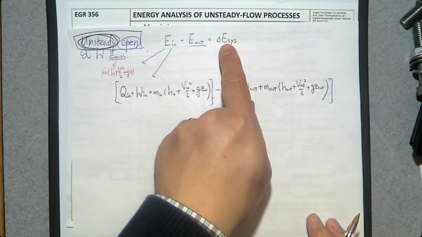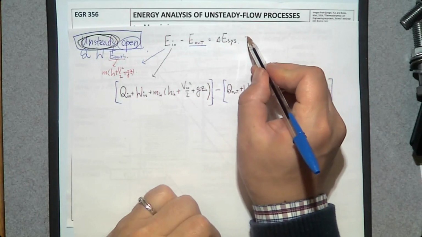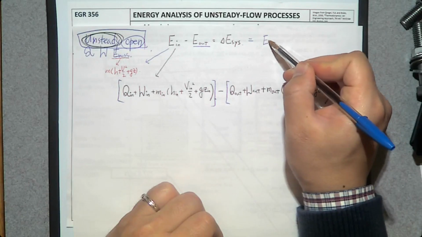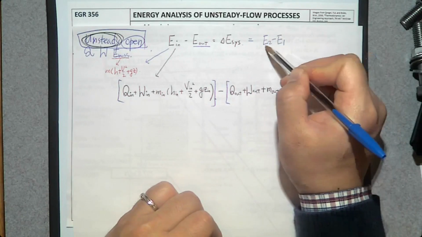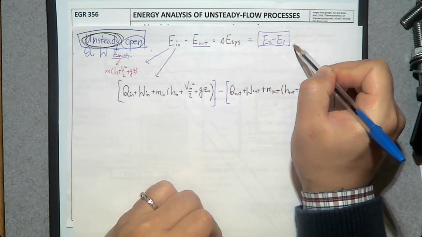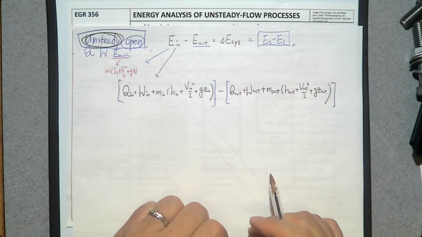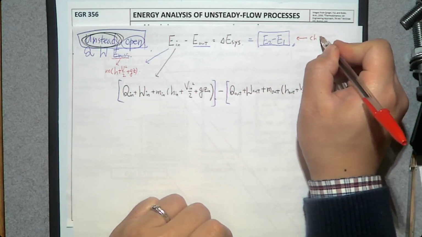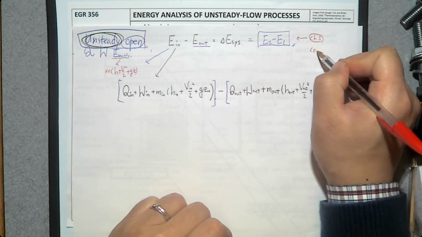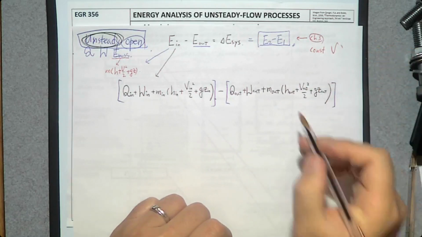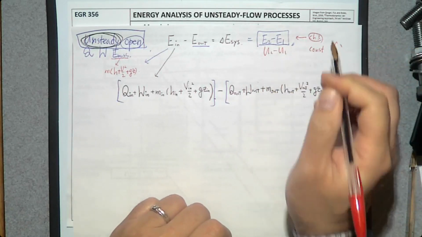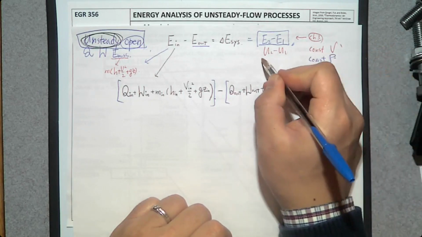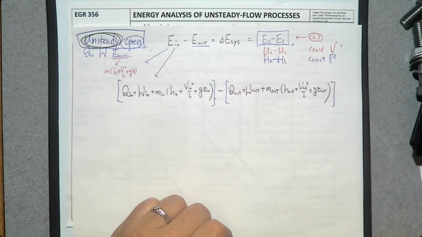Then how do we determine the change of energy? E2 minus E1. Do you remember how to determine the change of energy of a system? That is from chapter 3. If it is constant volume, U2 minus U1. If it is constant pressure, H2 minus H1.